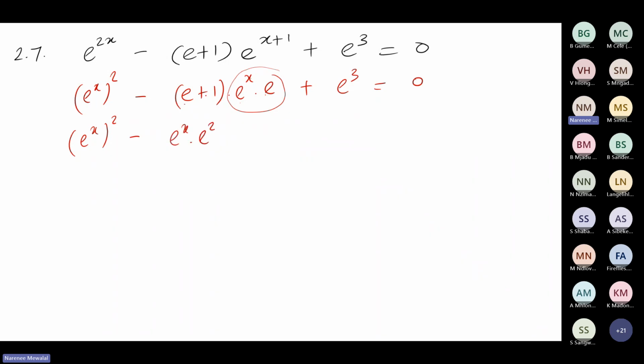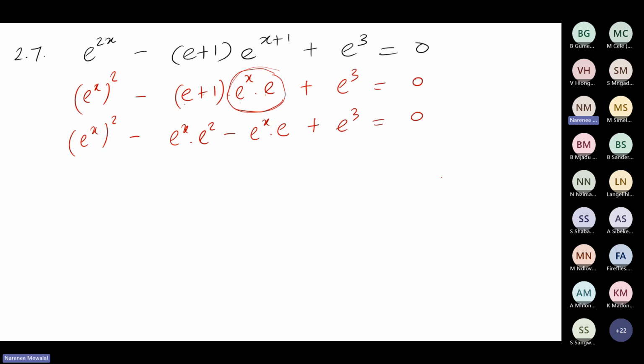And a negative times this positive is going to give you a negative. And when you multiply this term by 1, you're going to get e to the x times e, all right, plus e cubed equals 0. And now you've got 4 terms there.